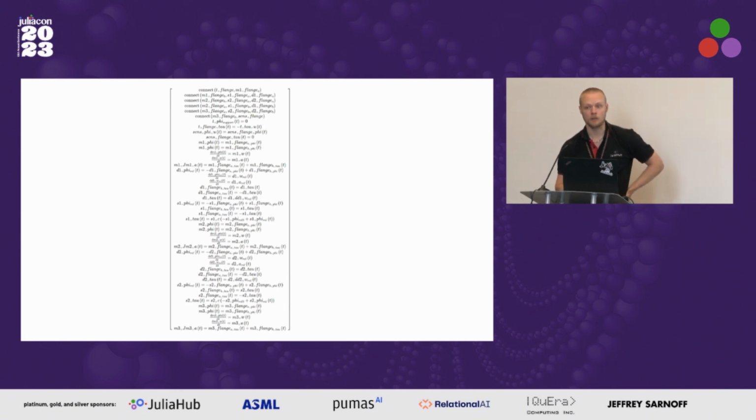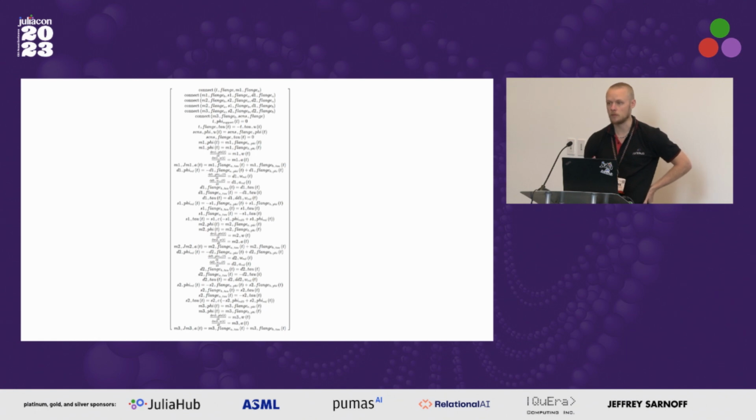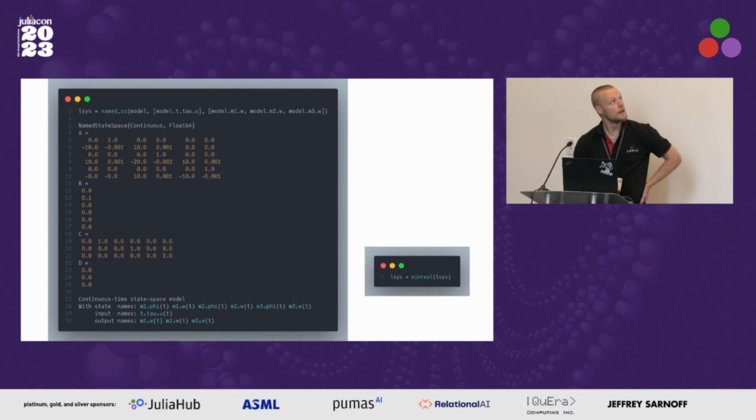ModelingToolkit will give me something like this. It looks like a lot of equations, but that will mostly simplify down to a fairly small system. And once I have called this named_ss function that performs the linearization inside, we see we end up with a system with 6 state variables. So 3 masses, they have 3 positions and 3 velocities.